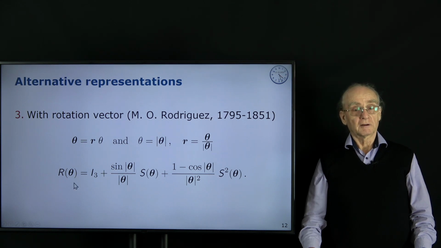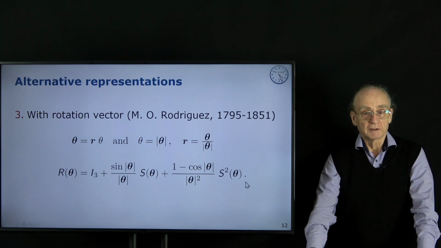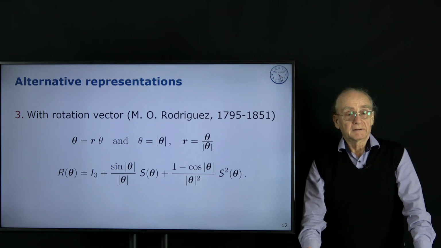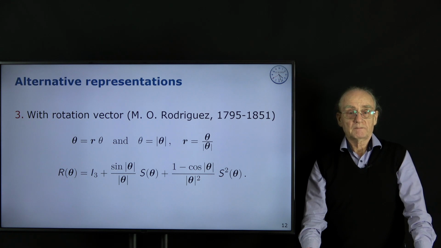So this is the same description of the rotation depending on the rotation vector and the angle, eliminating the sign problem which we had because we only work with the product. All three representations are useful depending on what type of algebraic derivation you want to do.